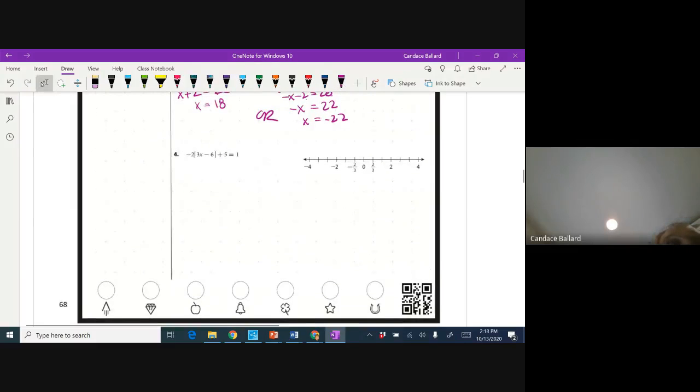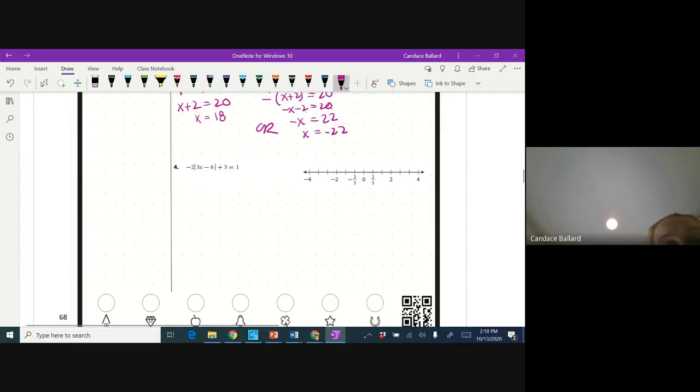Okay, we got one more of this kind, then we're gonna do something a little bit different. Okay, so I'm going to isolate the absolute value by subtracting 5. So 1 minus 5 is negative 4. I'm now going to divide by the negative 2.